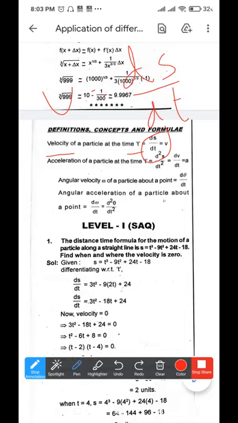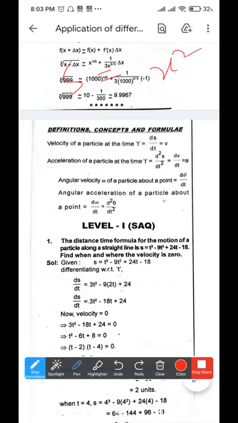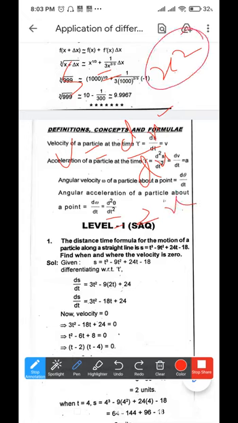It means that if I say distance is, let's say, x square, then velocity will be equal to differentiation of x square, that is 2x. If distance is x square, velocity will be 2x.